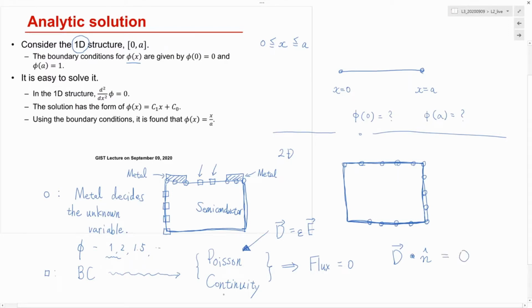Also, in the case of electron continuity, the related flux becomes the flux of electrons or the flux of holes. In this case, we will say the flux of electrons along the outward normal direction becomes zero.